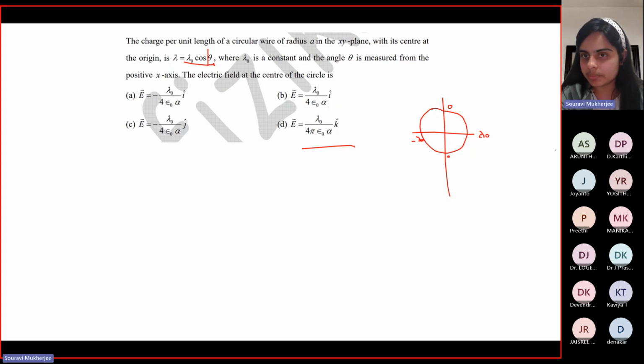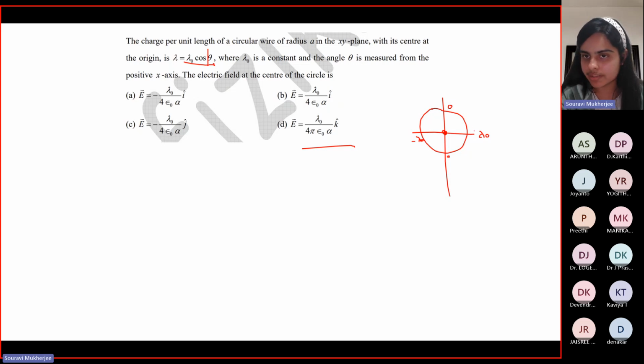So think about, if you have some positive charge, how do the field lines look? So here, this is a positive charge, this is a negative charge, right? So how will the field lines look from here? You need to find your field at this point, right? This is your field point, the point of interest. So consider this charge, a positive charge.